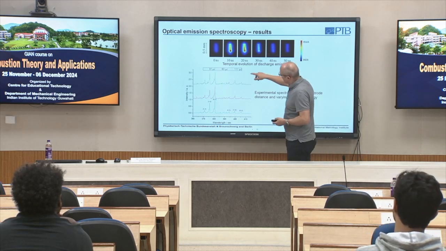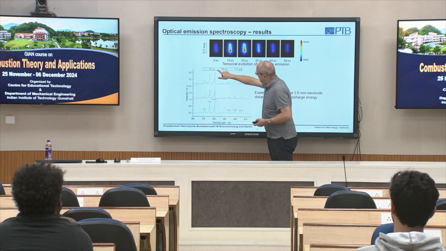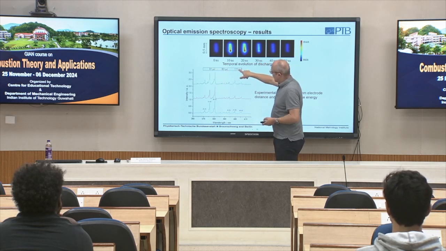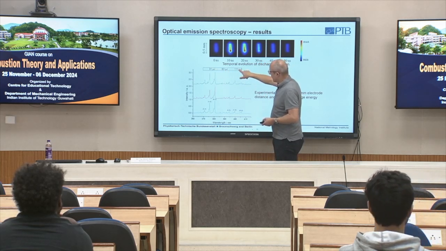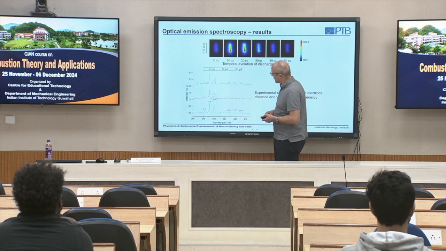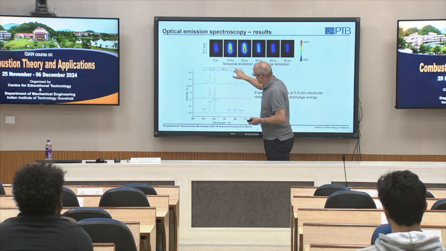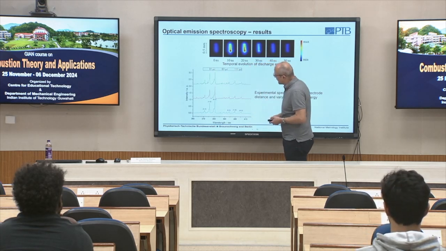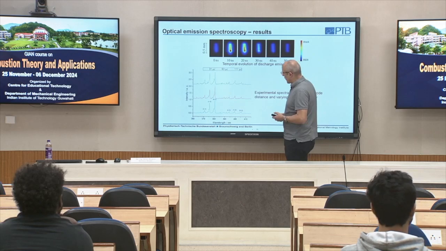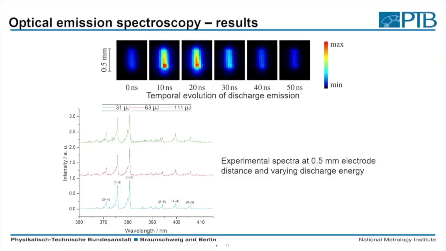And here we have varied the energy. So here we have nearly 4 times, 3.5 times the energy of this experiment. From this we can analyze the different lines and bands to get the corresponding temperatures.